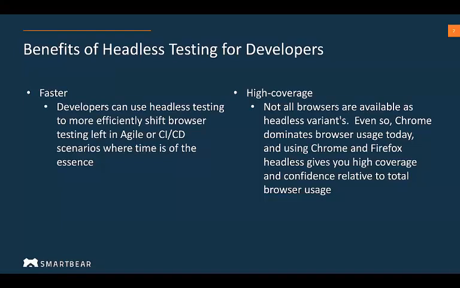So while you can't run all of your cross-browser compatibility tests against headless browsers, by targeting Chrome and Firefox, you can cover about 80% of the total global market share for browser usage. So you can get a really good idea about whether your site is working or not just by running against these headless browsers.